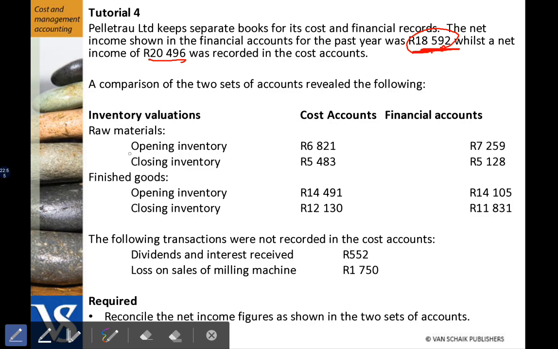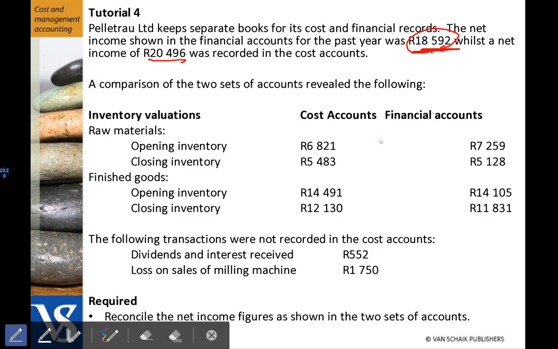Now we'll start with the raw material. Opening inventory is 6,821, and you've got 7,259. So we've got 7,259 minus 6,821.